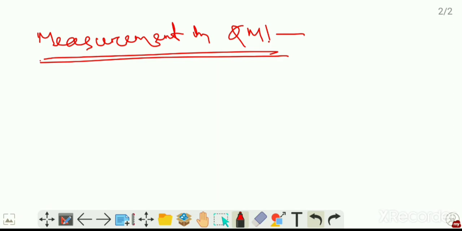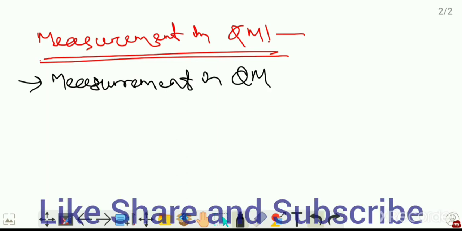That is, measurement in quantum mechanics distorts and perturbs the state of the system.